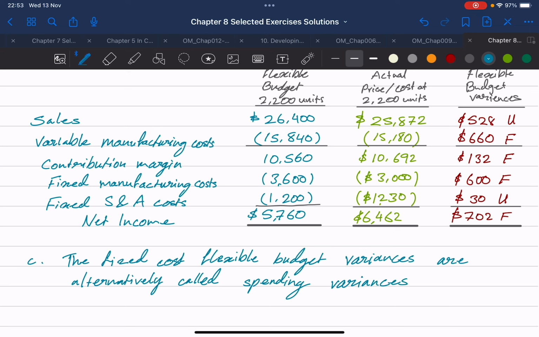Or you can just write spending variances right away. That would also be fine.